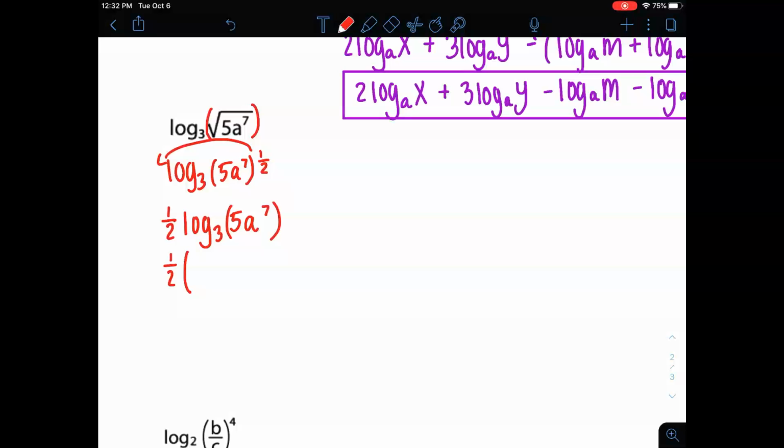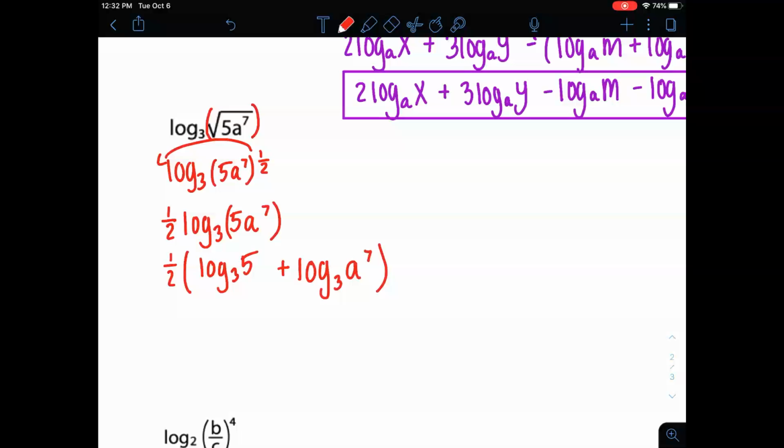So this turns into 1/2 parentheses log base 3 of 5, and it's multiplication, so I'm going to add my logarithm, log base 3 of a to the power of 7.